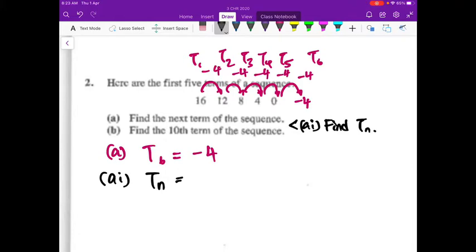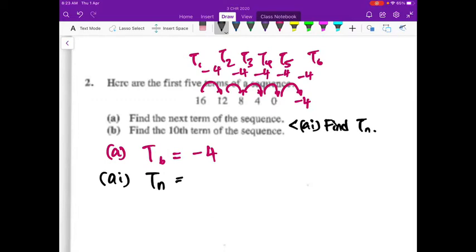So earlier on I said that the formula is given by Tn equals to T0 plus D times n, where T0 is 0 term. The term before the first term, that one you need to find out yourself. And then D is common difference.